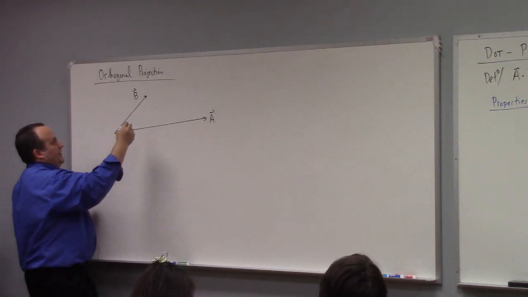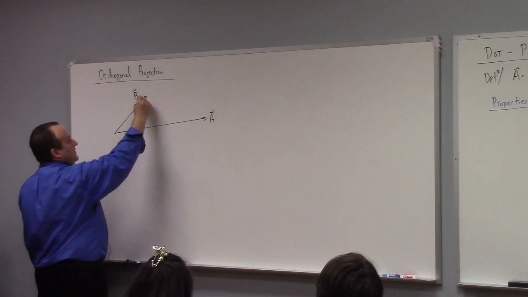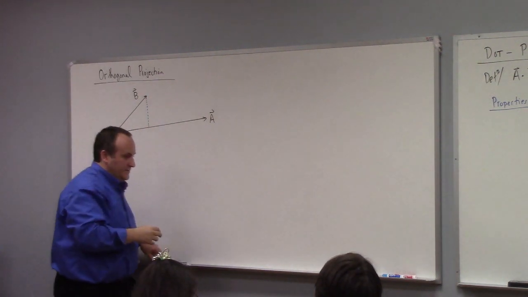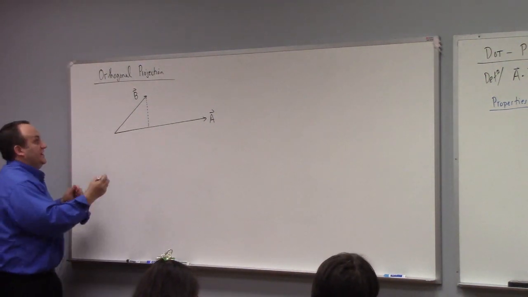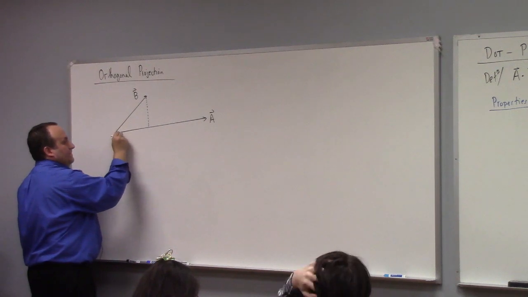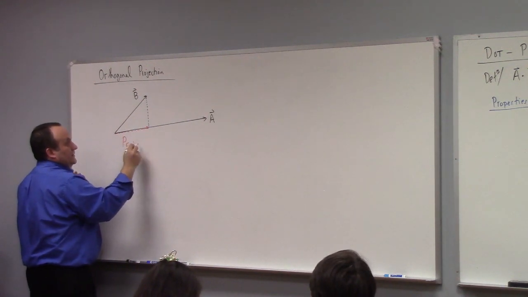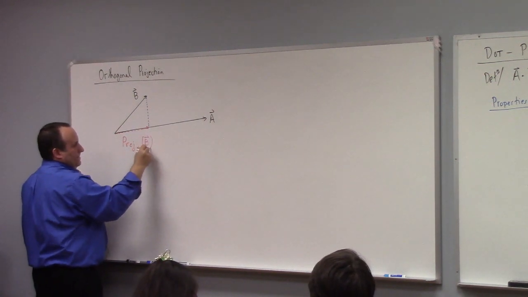And I'm after, so I described to you already that on the bottom we have the shadow, if you will, the projection of B onto A, this down here. So this right here is the projection in the A direction of B.